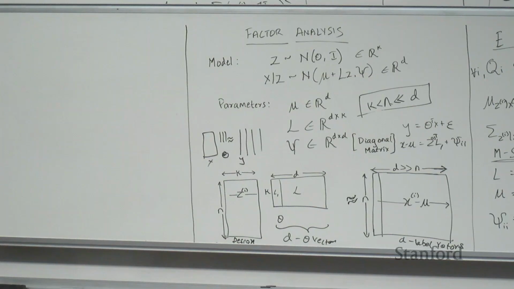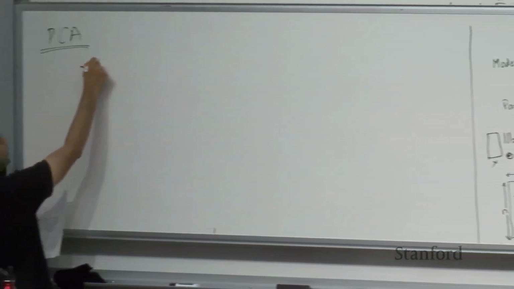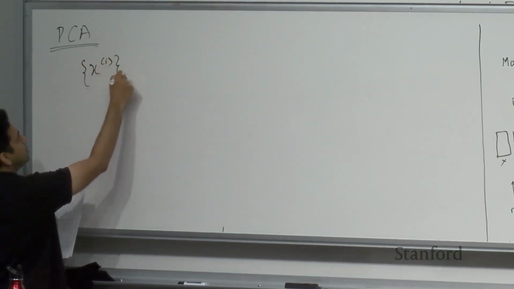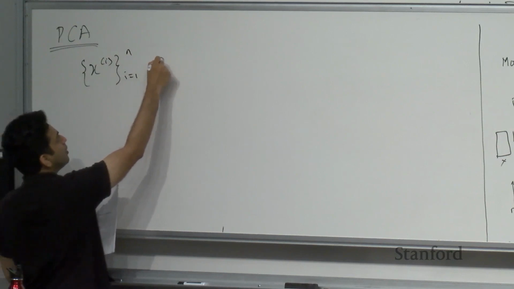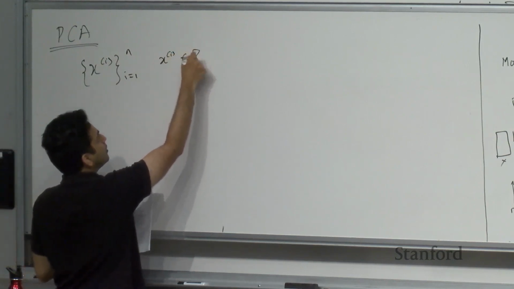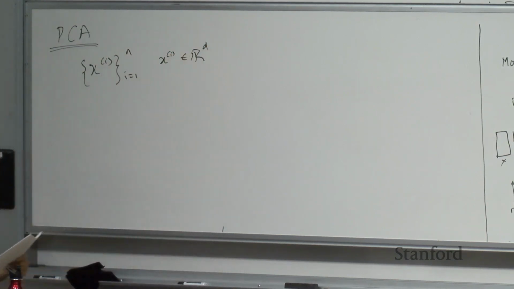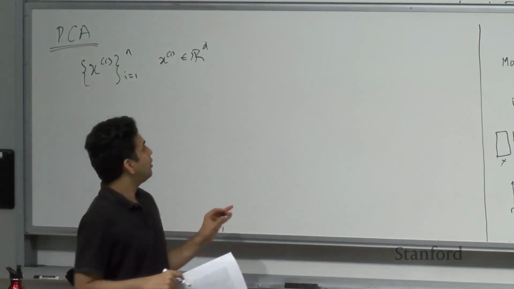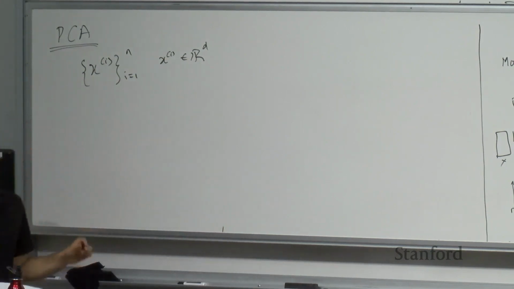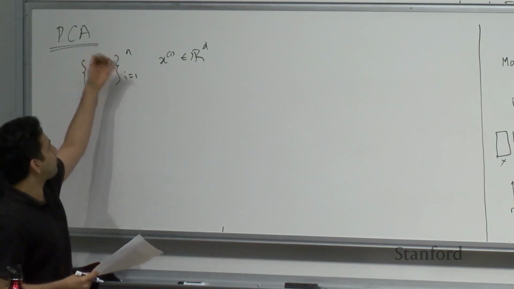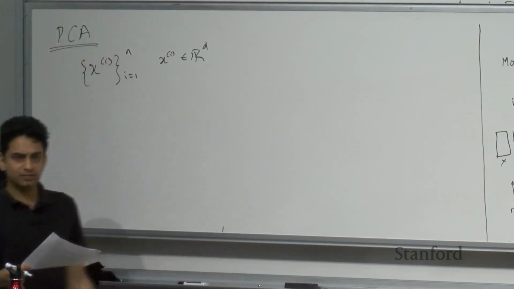PCA is another approach where you're given x_i, i equals 1 to n, and x_i is in R^d. And here we no longer assume that d is much larger than n. We are back into the usual regime where we generally have many more data points than the dimensions of the space.